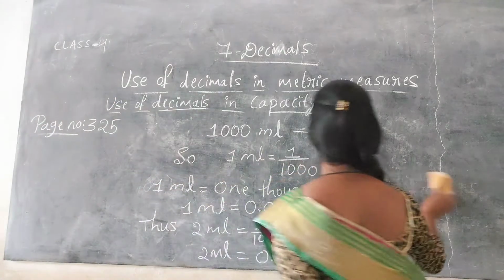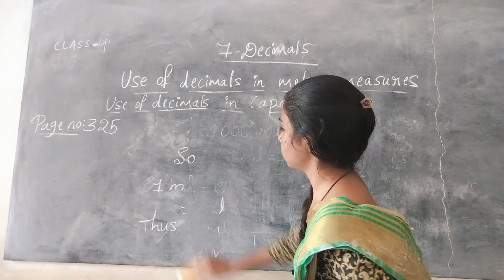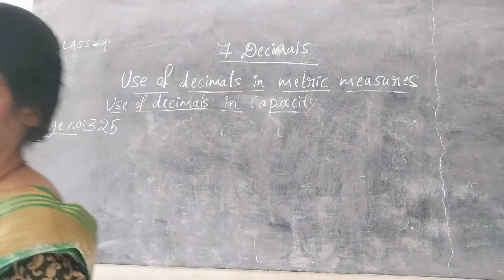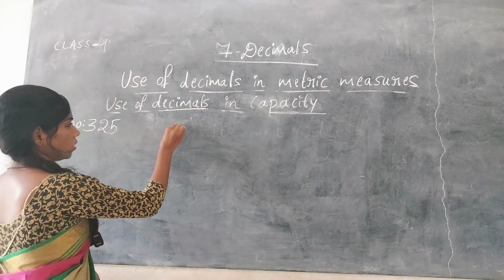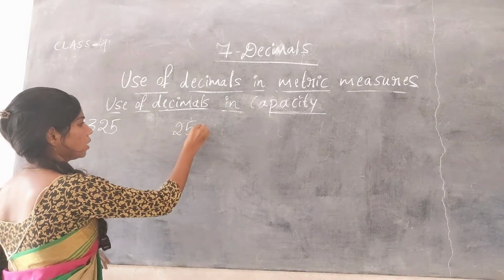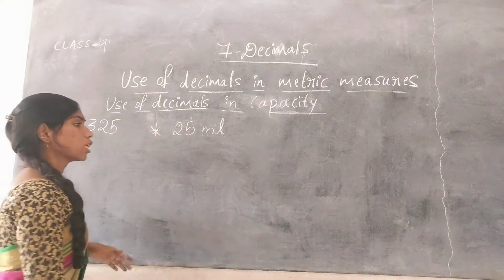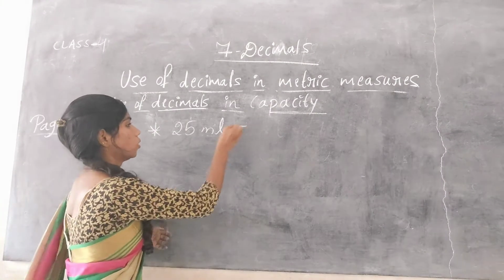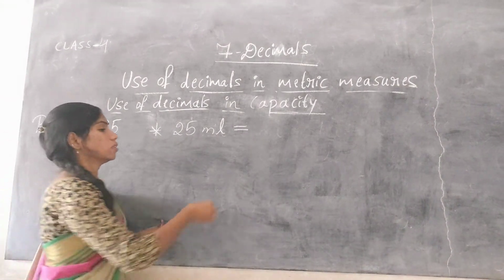Take some more examples. Then 25 milliliters. Convert 25 milliliters into liters. So divide 25 milliliters by 1000.